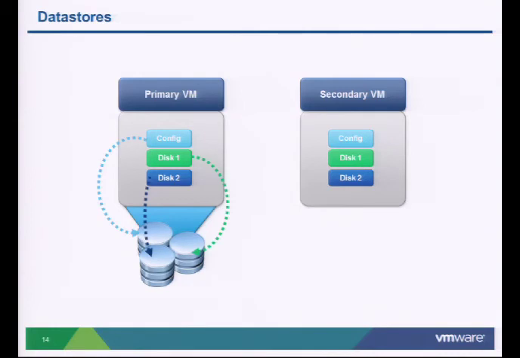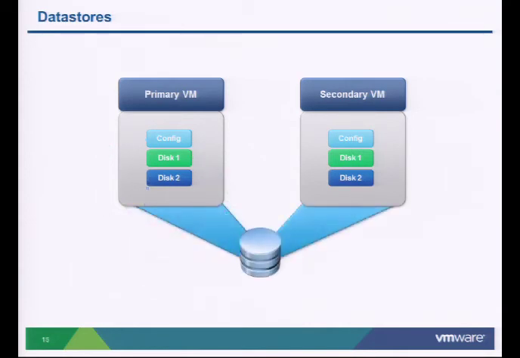You can take out the individual components of a VM, the VMDKs, et cetera, and split them across different data stores. There could be very good reasons for doing that. For example, if you're running a database workload, best practices might recommend putting the OS disk on a separate data store from your database files. You could get some performance advantages that way.